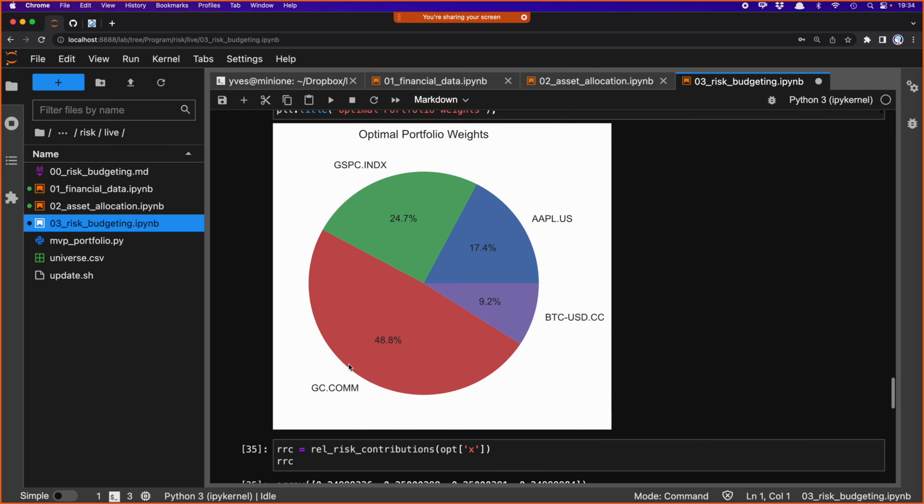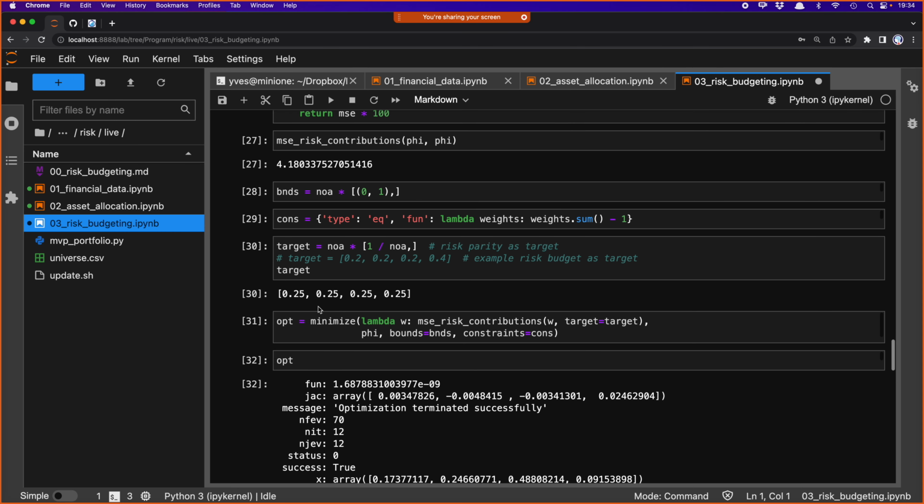My very last example here is just to show that instead of risk parity as a target, we can come up with any other target as well, right? When you say, for example, the first three assets 20% each, and I'm a Bitcoin crypto believer, therefore I want to have a risk overweight here for Bitcoin.